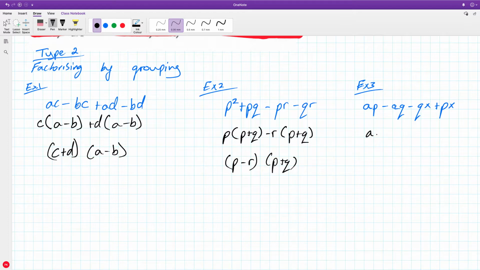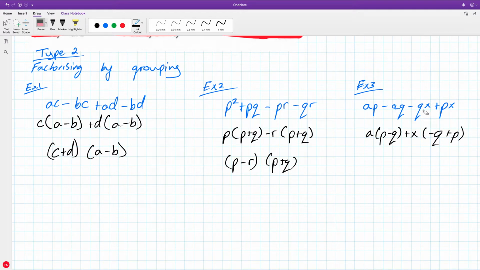And then? Good stuff. Take out an x, minus x or plus x? Plus x, right, let's check it. And then what's in your bracket? See, that's a q there. So we have a problem. If you take out a plus x, you're left with a minus q, and you're left with a plus p. Right, so any idea what we're going to have to do to these two up here?